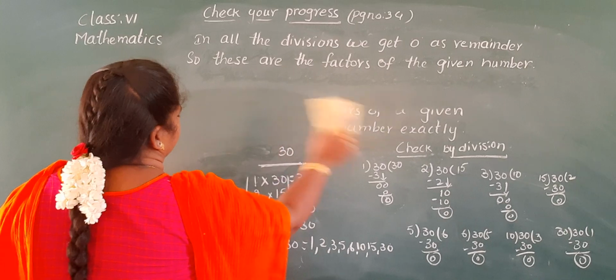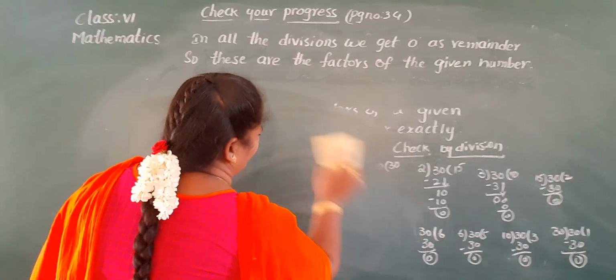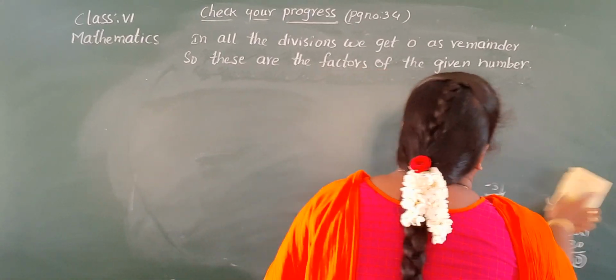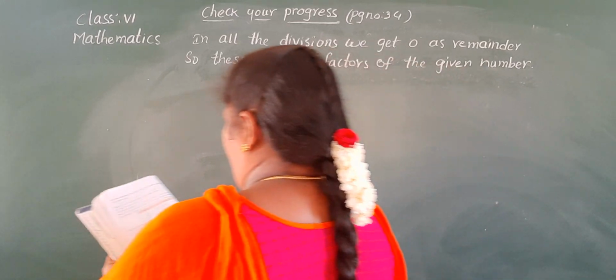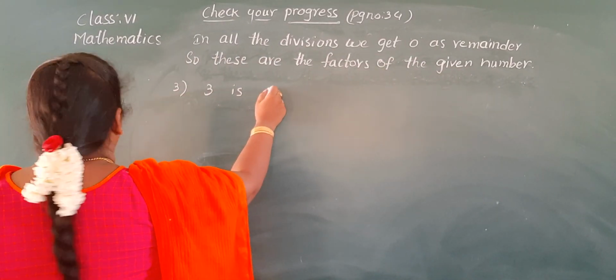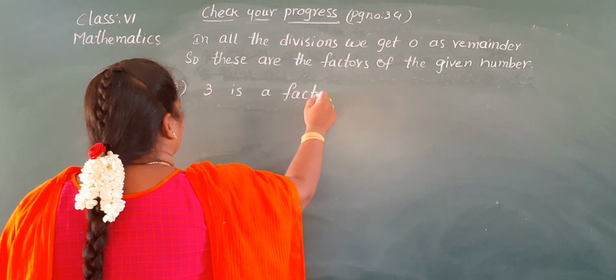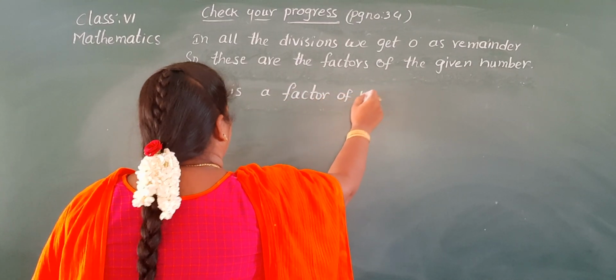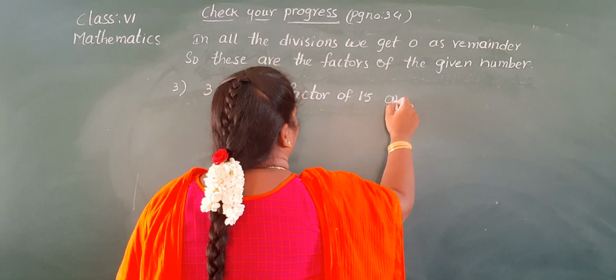Next. Third one: 3 is a factor of 15 and 24.